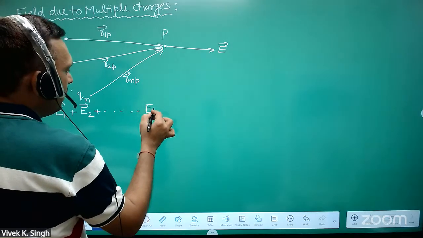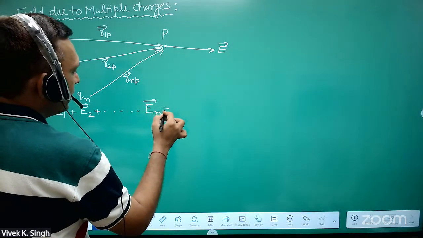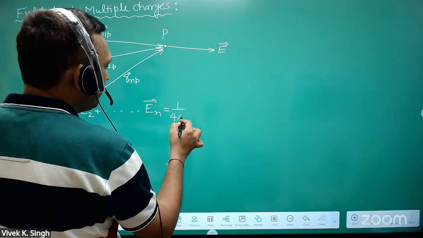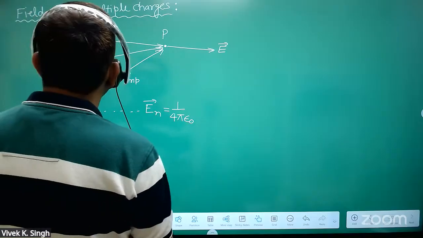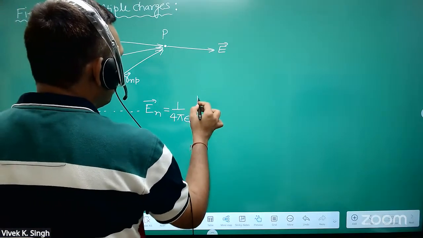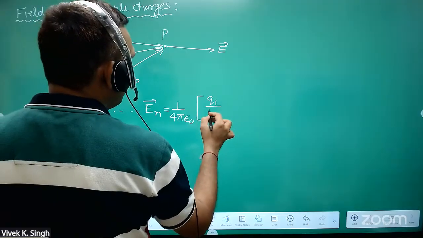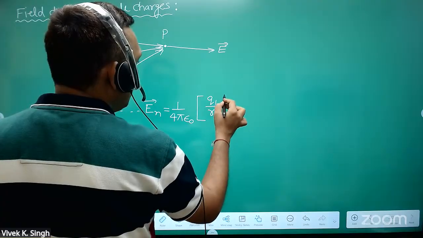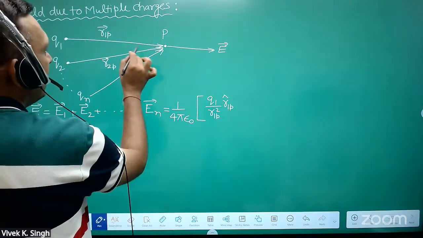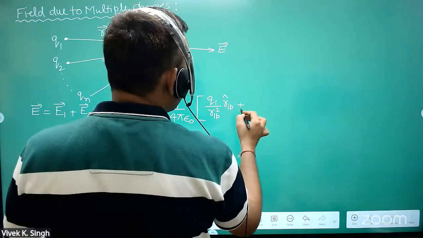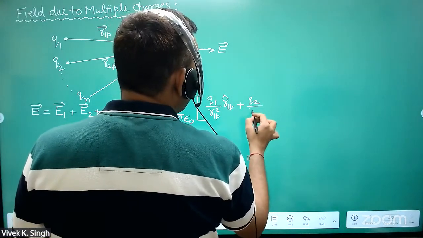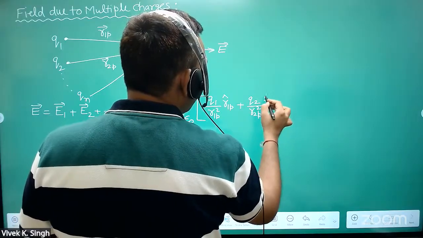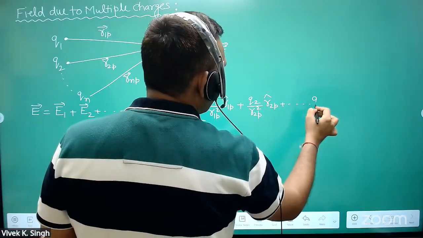Vector sum of the electric field due to individual charges. ठीक है? और इसको आप लिख सकते हो 1/4 pi epsilon naught, Q1 by R1P square और डायरेक्शन इसका आप ले लो R1P cap in this direction, plus Q2 by R2P square R2P cap, ठीक है?